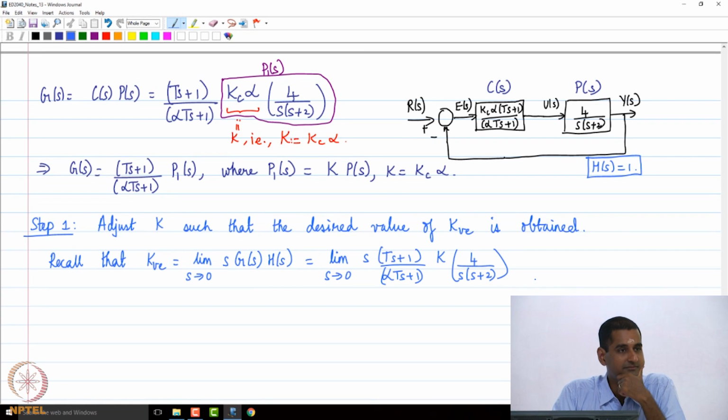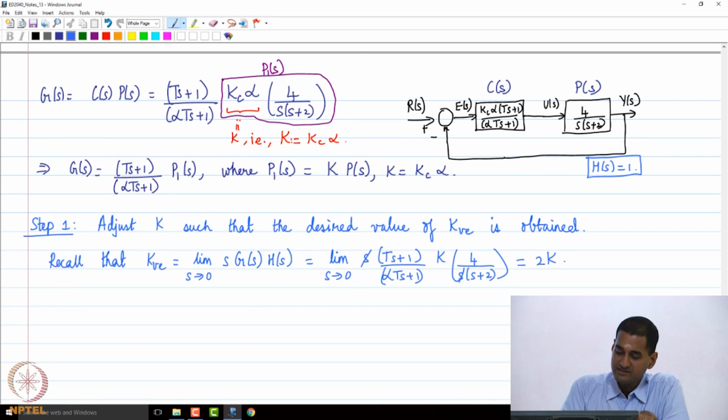So, what are we going to get if we take the limit s tending to 0? Please note that this s and s will cancel, and we are going to be left with 2k.